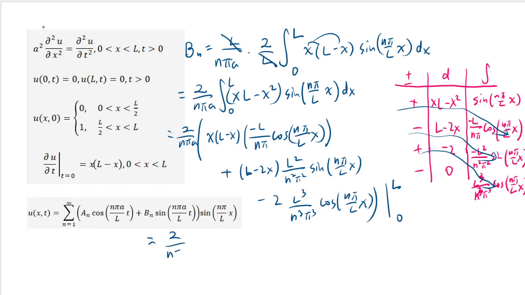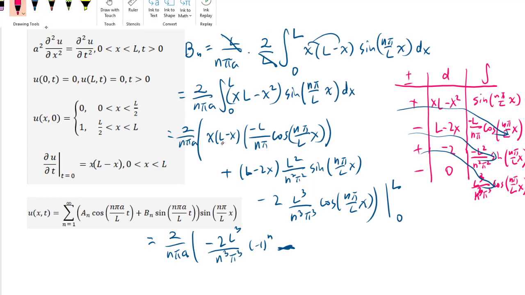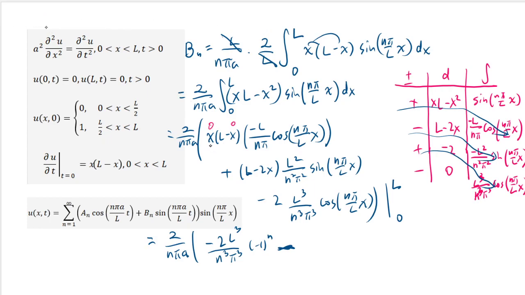It's 2 over n pi a. The first two terms are 0, and you get negative 2 L cubed over n cubed pi cubed, and you get cosine n pi, which is negative 1 to the nth power. Okay, and then minus, let's plug in 0. When you plug in 0 into x, there's a 0 here, so that goes away.